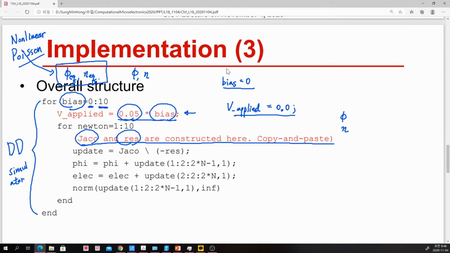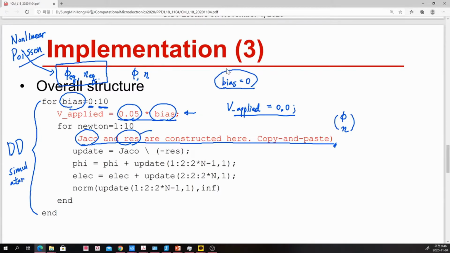So before running the zero bias condition, we have to provide the equilibrium solution that is provided by the nonlinear Poisson solver. So in this first round, there is no problem generating the Jacobian matrix and residue. And in this bias equal to 0 case, everything will be perfect because we have the solution already.